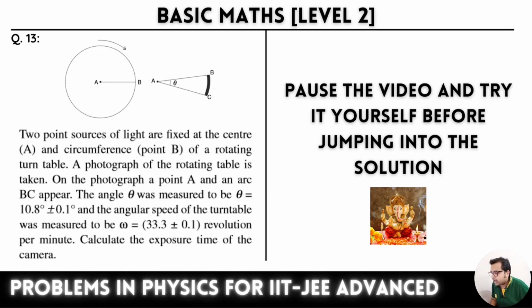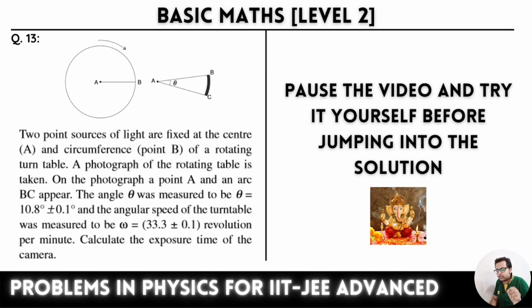The angle theta was measured in the photograph to be 10.8 degree plus or minus 0.1 degree, and the angular speed of the turntable, let us suppose it is omega, was measured to be 33.3 plus or minus 0.1 revolution per minute.